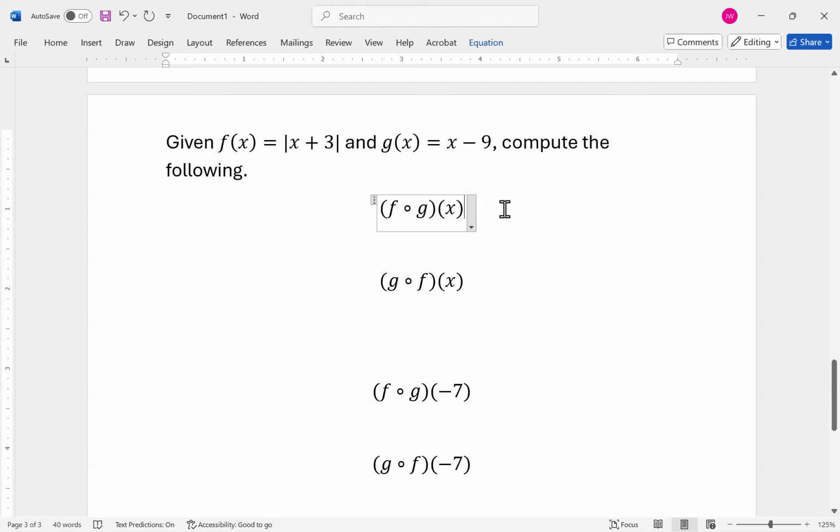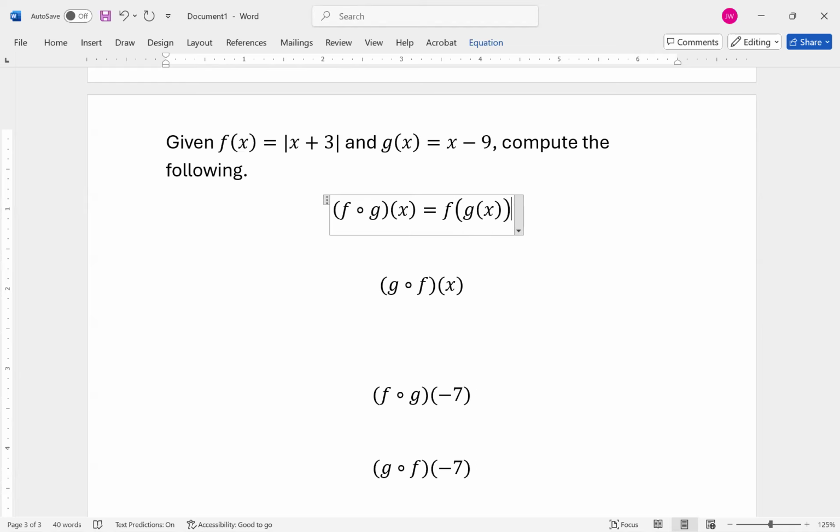In the first one, composing f of g of x, what I would do is take f and then input the g of x inside of there. So what that means is I take f and I input that expression, which is x minus 9, for the new input of f. This means everywhere I see an x, I replace it with x minus 9.